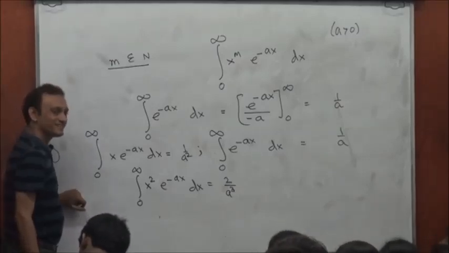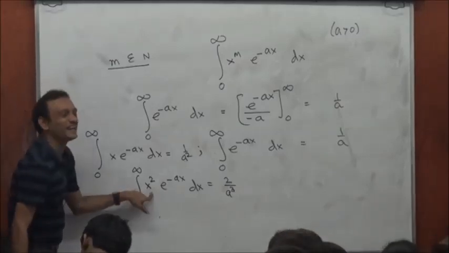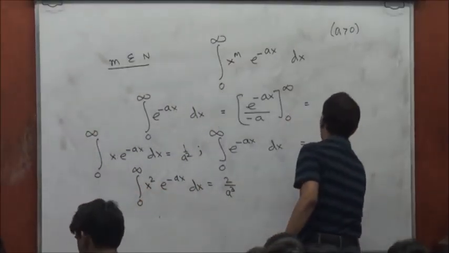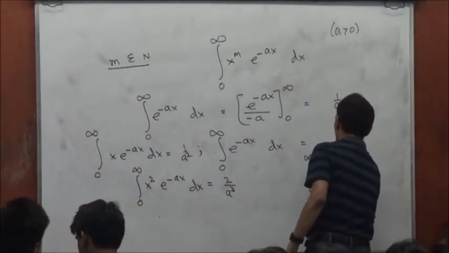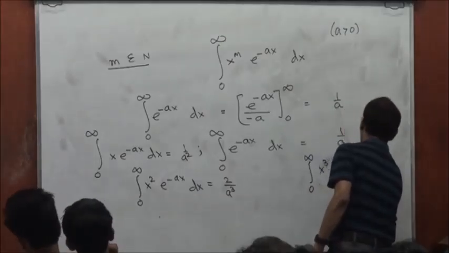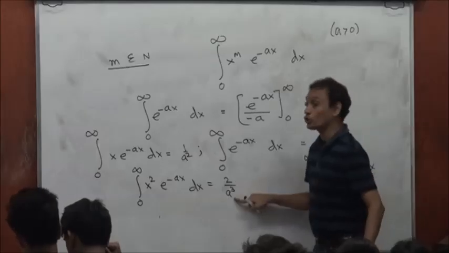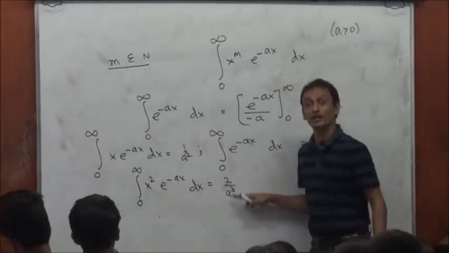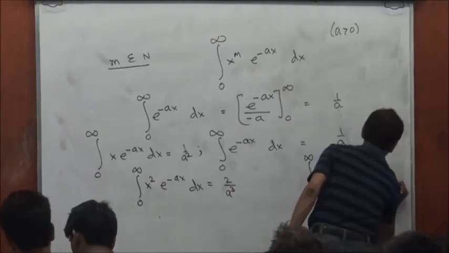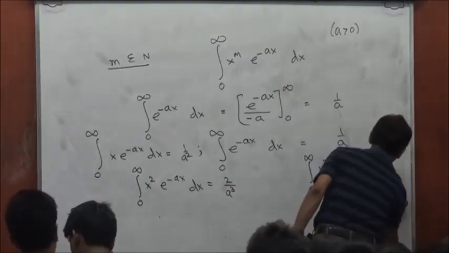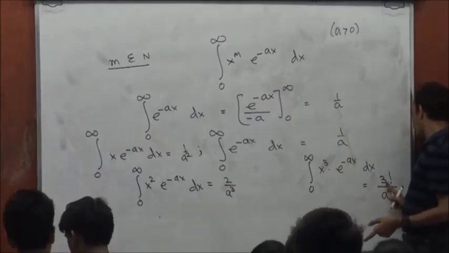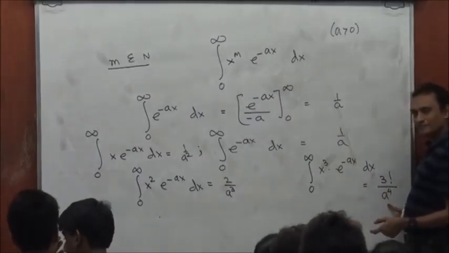Differentiate again, you will get x cube. This will become 3 factorial by a power 4. If you differentiate another time, x power 4, 4 factorial by a power 5. Yes or no?